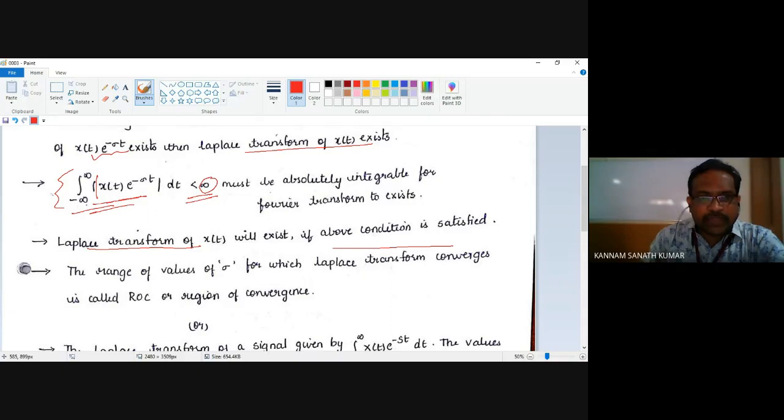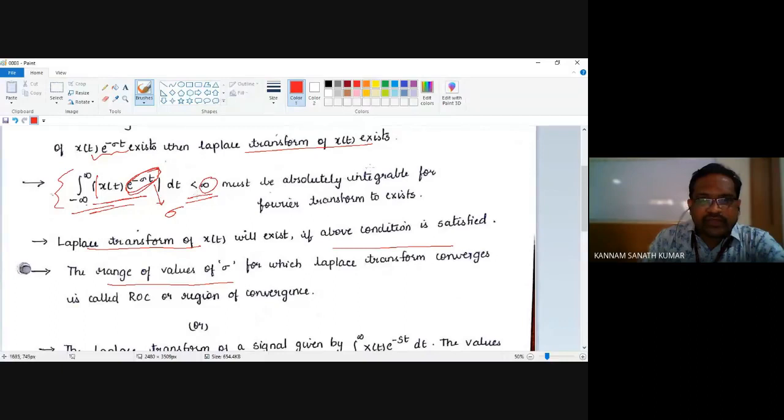Whether this is absolutely integrable or not depends on this term, which depends on sigma. So ROC is defined as the range of values of sigma.